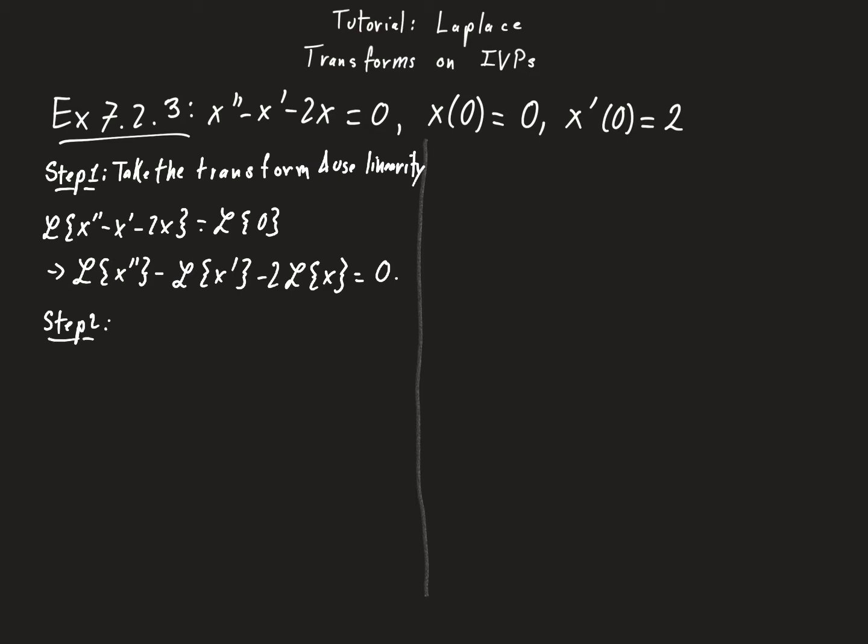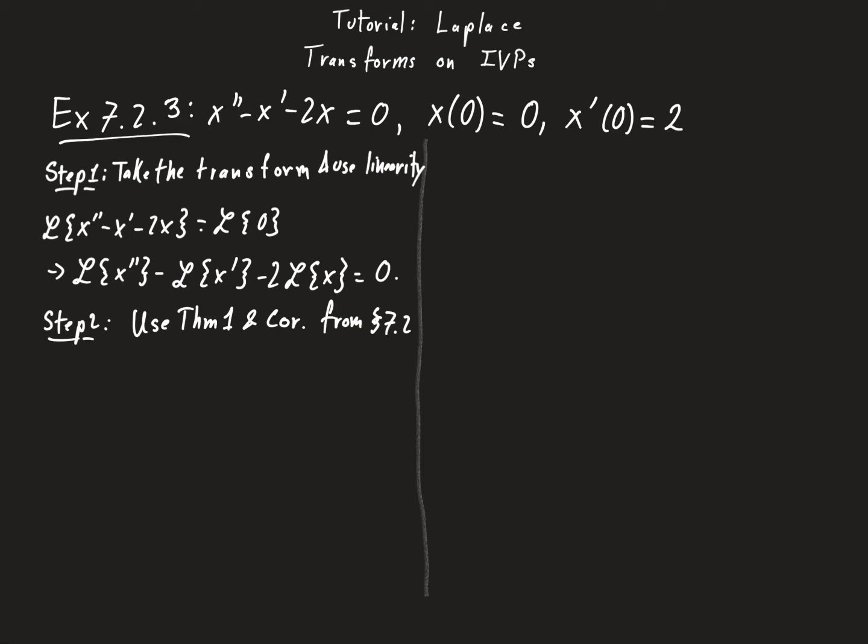is going to be to use the formulas. Let me find them. Aha. Yes, they are the formulas from theorem 1 and from the corollary in section 7.2. And these tell you how you can work with Laplace transforms of derivatives.